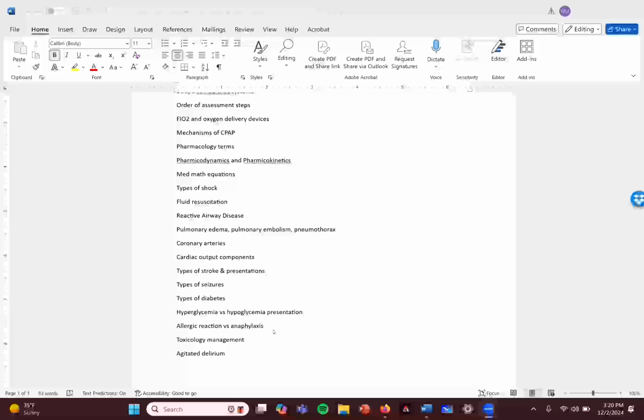Allergic reaction versus anaphylaxis: just understand how we define these two things technically. Anaphylaxis is an allergic reaction that is involving two or more body systems, and especially from the emergency medicine viewpoint, that is going to involve the respiratory and the cardiac systems. The vasculature tends to dilate, and the respiratory system is going to constrict down in the bronchioles and in the upper airway.